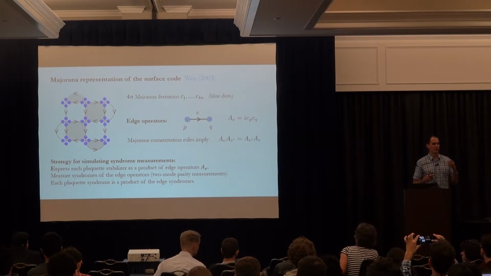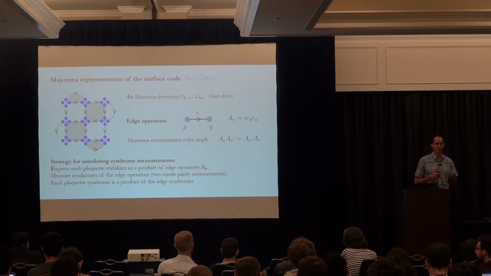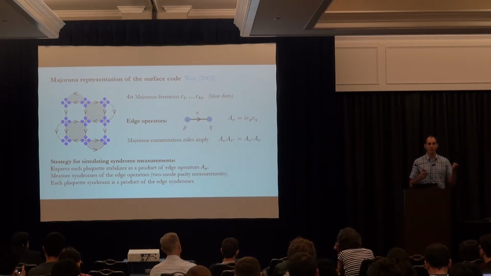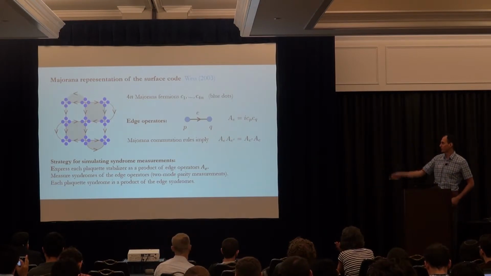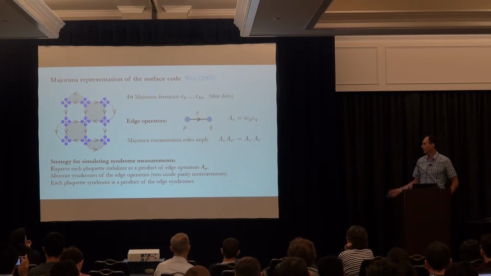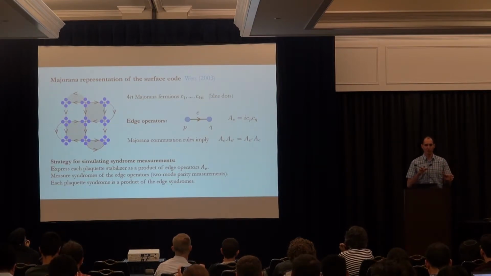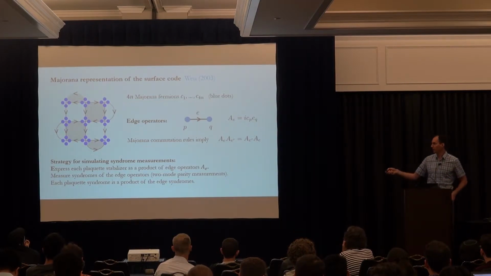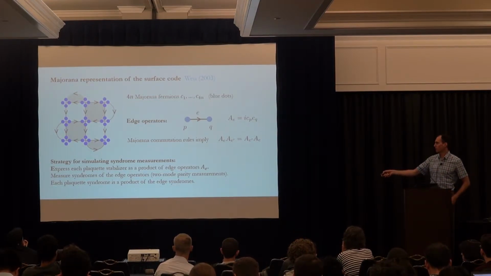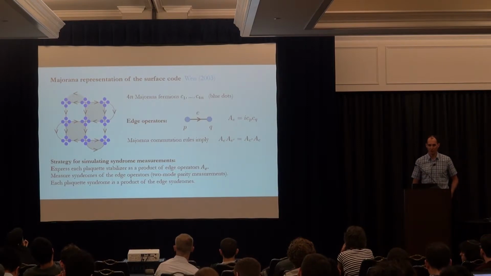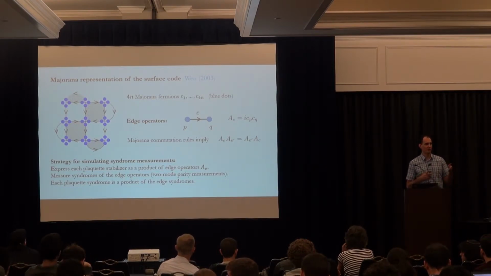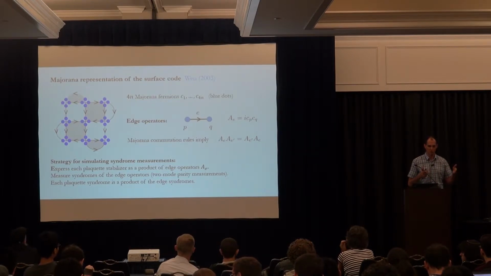We would like to express each plaquette stabilizer of the surface code as a product of these H operators. Because H operators pairwise commute, we can first measure syndromes for each H operator, and then classically compute syndromes for plaquette operators. Measuring syndromes of H operators is easier because these are just the two-mode parity measurements that I just showed you.